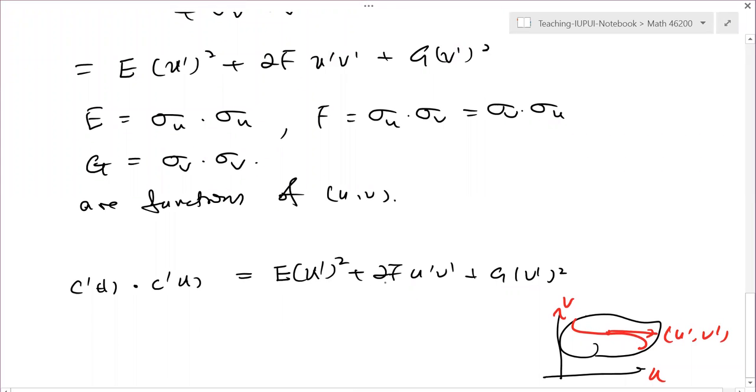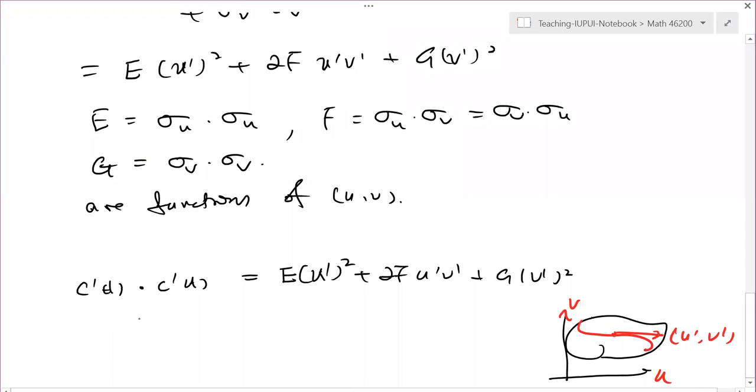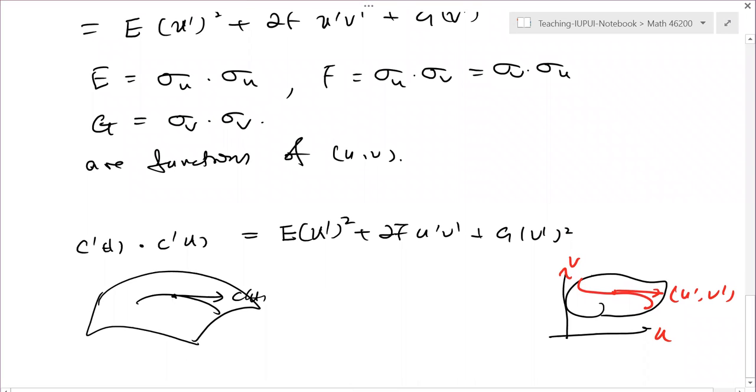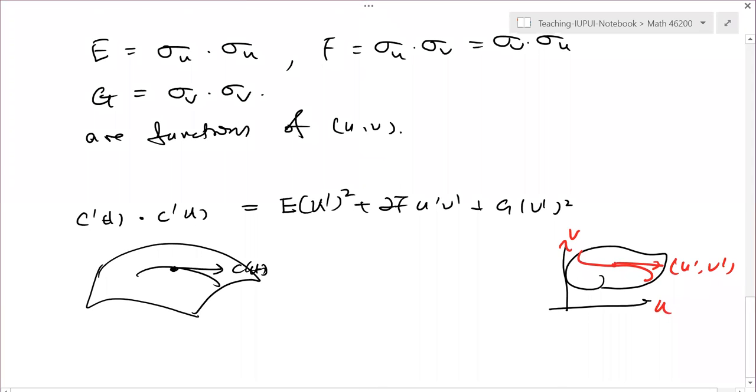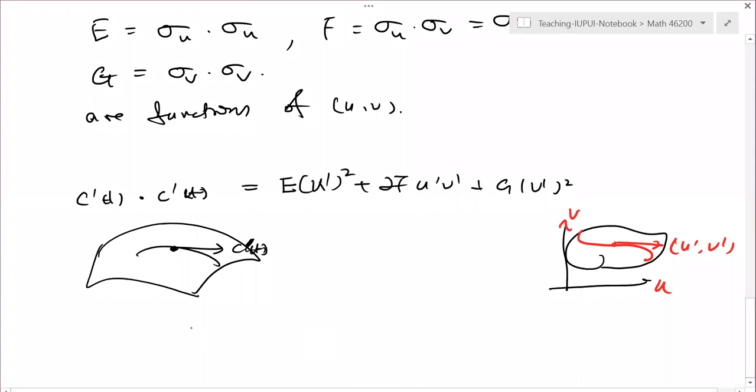So there is an extra part here, E, F, G. This is a tangent on the surface, c'(t). The dot product gives us the square of the length of this tangent vector in three-dimensional space.